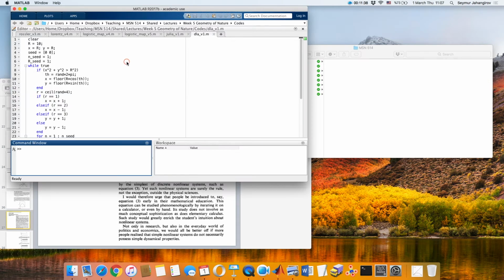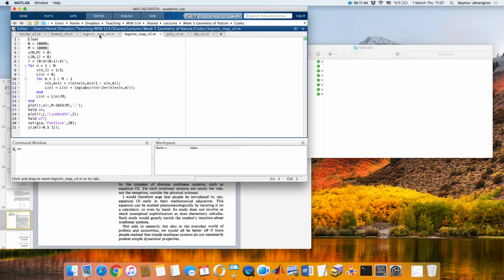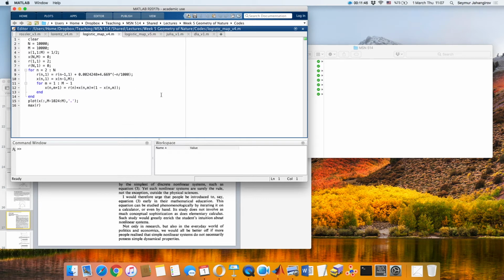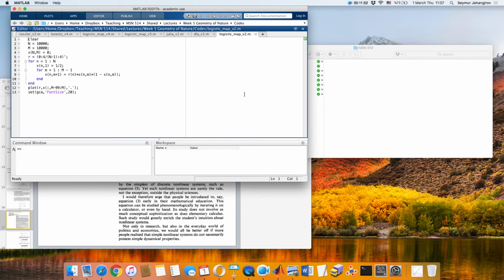What we can do is to open one of the codes that I wrote.